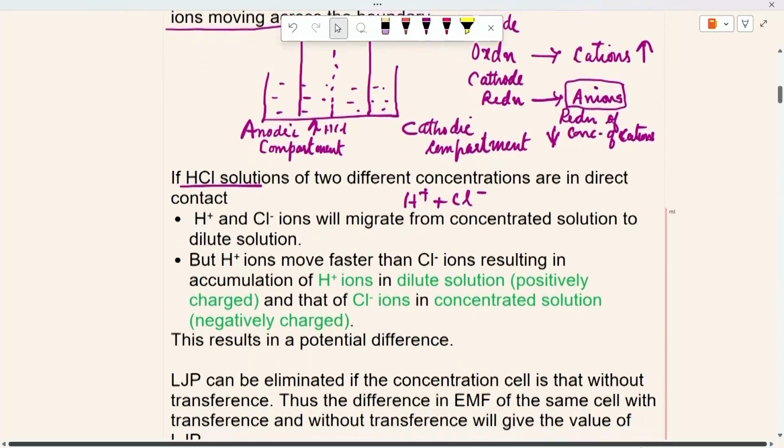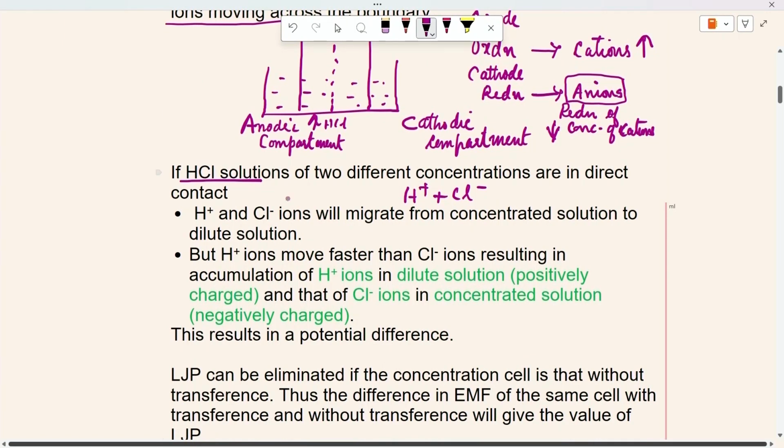So, the concentrated solution will have more chloride ions, and therefore, that will be negatively charged, and the dilute solution where more H plus ions have arrived, because they are moving faster, will have a positive charge. Okay. So, that is what is mentioned here.